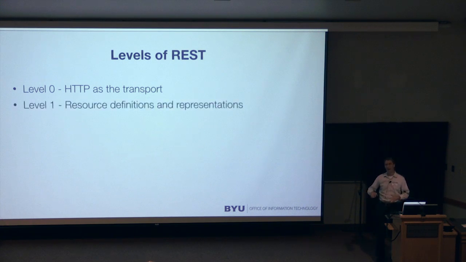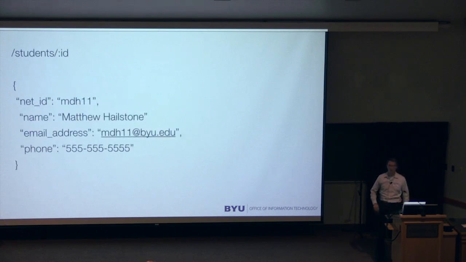On top of that, now that we've got just your basic HTTP protocol, we have resource definitions and representations. An example of what resources and representations are: at the top you've got your resource space, a URL, so I'm defining my resource as students. Traditionally, you'll say it's a collection or an array of your resources, and then you have an identifier that says I want this particular student on top of that resource. So here we have our resource design space, our URL space, and that's what we're defining as our resources.